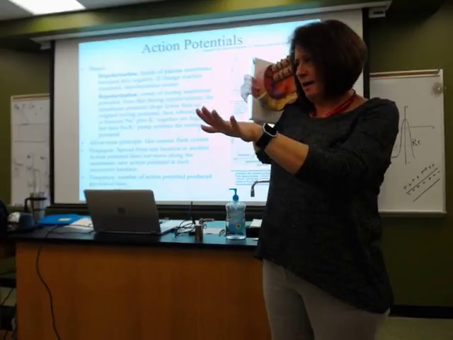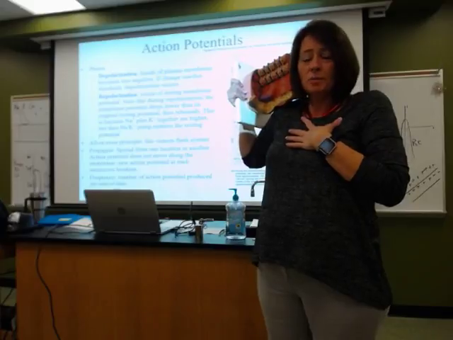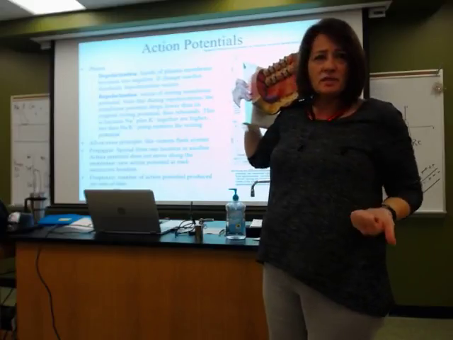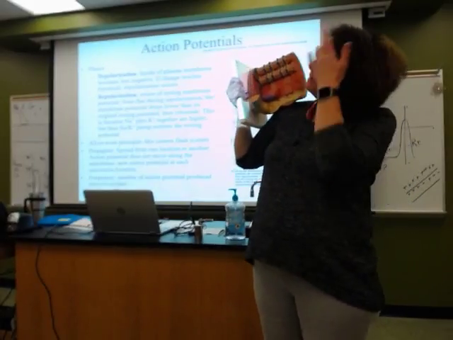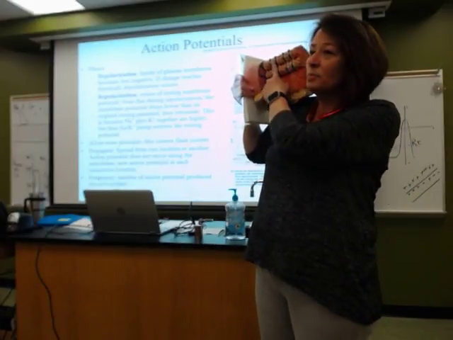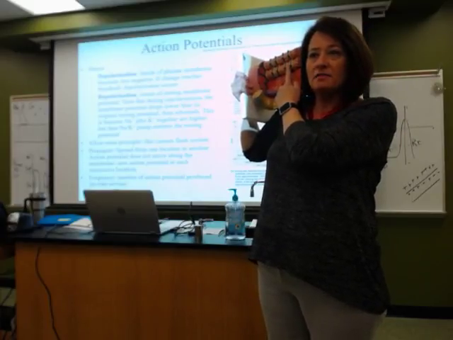Not what we would think about for the reticulum, because we think of the endoplasmic reticulum, we think of rough and smooth, where we had ribosomes or no ribosomes, right? This right here is just sarcoplasmic reticulum, this webby looking stuff.